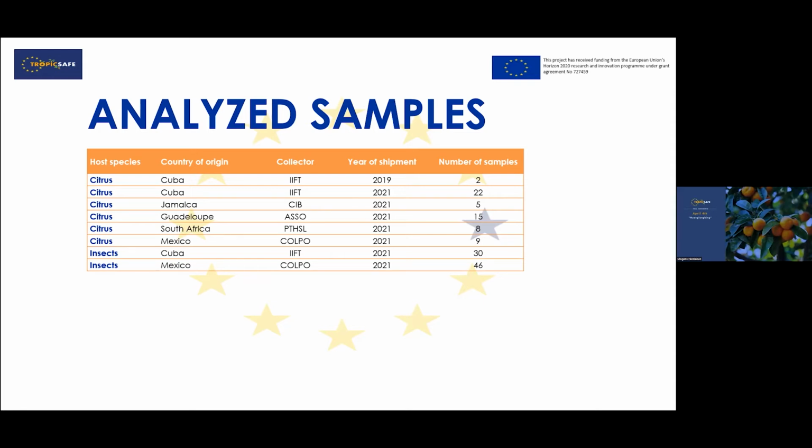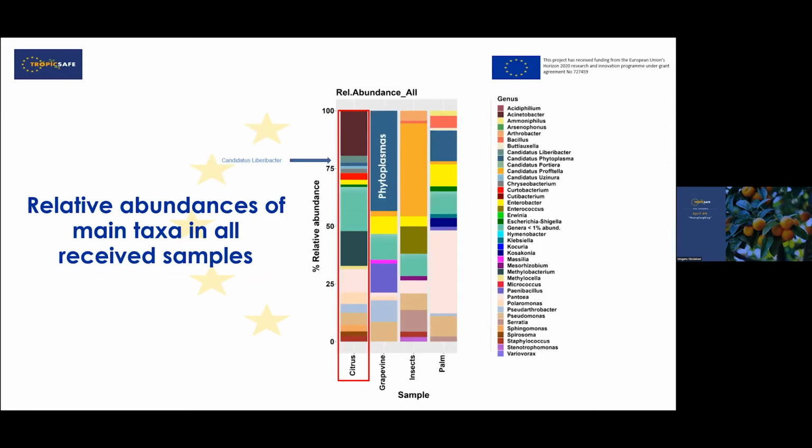So what did we see? Now I'm also showing the data from grapevine and palm and some insects we got, but focus just on the first column, which is the one on citrus. This is the relative abundance of all the sequences from all the samples of citrus, so it's sort of an overview. I've put an arrow here on the Liberibacter reads, which are up here, number 2.